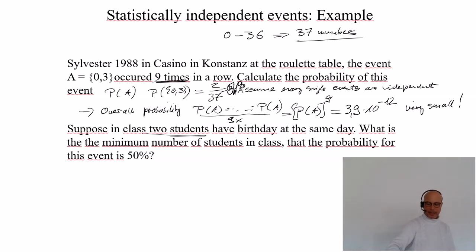Well, then let's see how we can do it. How many possibilities of the distribution of the birthdays do we have? Well, we assume that we have only years with 365 days and we skip the 29th of February.